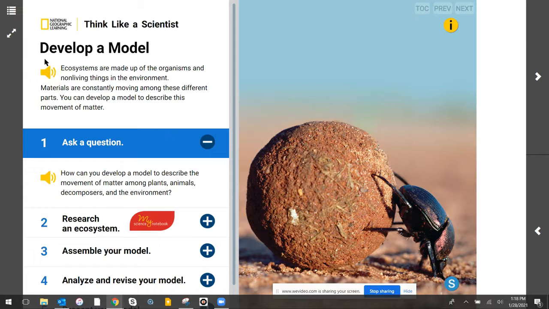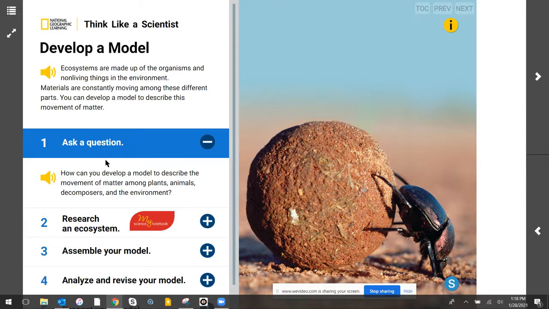So when we develop a model, we have to remind ourselves that ecosystems are made up of the organisms and non-living things in an environment. Materials are constantly moving around these different parts. You can develop a model to describe this movement of matter.